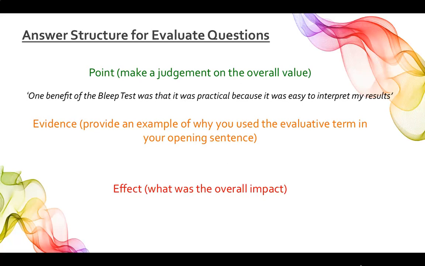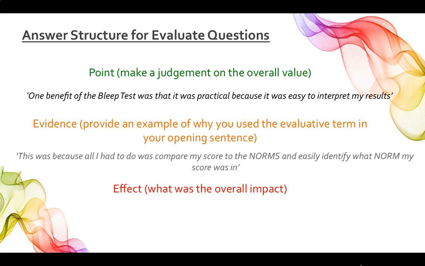That's the judgment that this person has made about the bleep test. They've said that it was of benefit because it was practical. The evidence they have to back up that statement is that all they had to do was compare their score to the national norms table and easily identify where they were within that table. So there's some evidence for why the bleep test was of benefit.